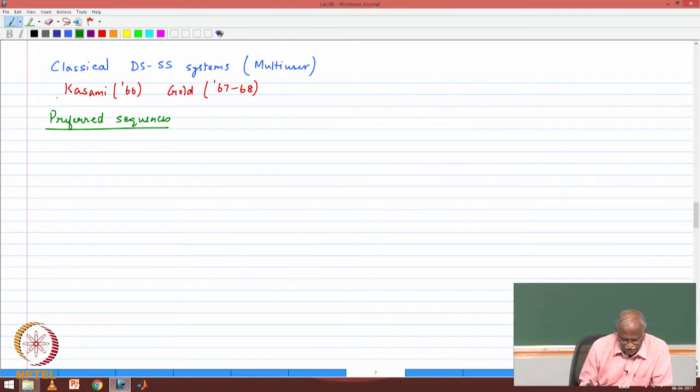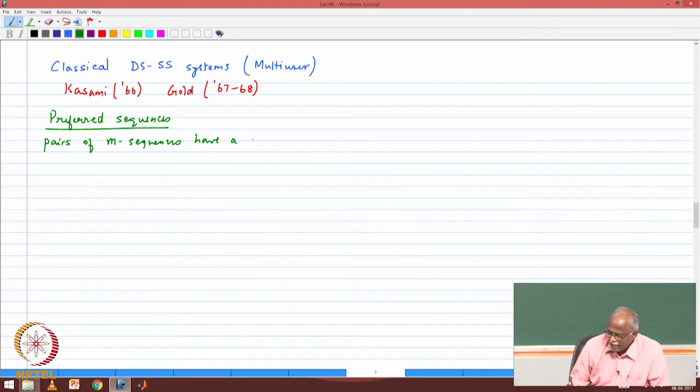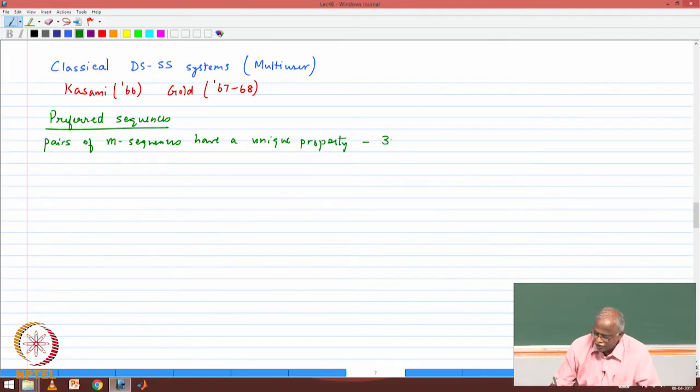So they showed that there are pairs of M sequences, sets of 2 M sequences, which have a very unique property. When you try all combinations of shifted versions of these 2 M sequences, the cross correlation can take only 3 values. So they have a unique property, and that unique property is a 3-valued cross correlation.